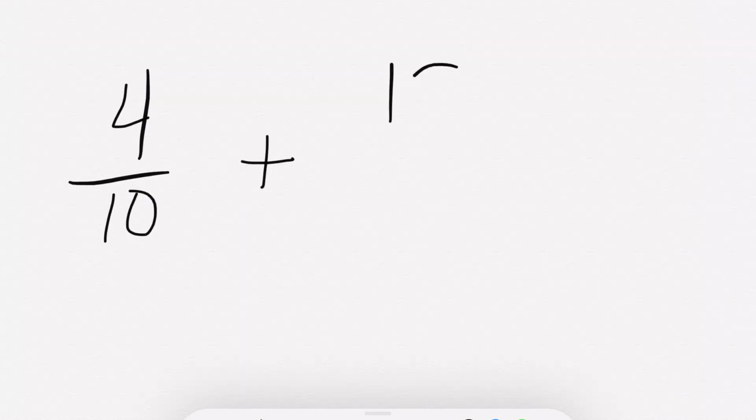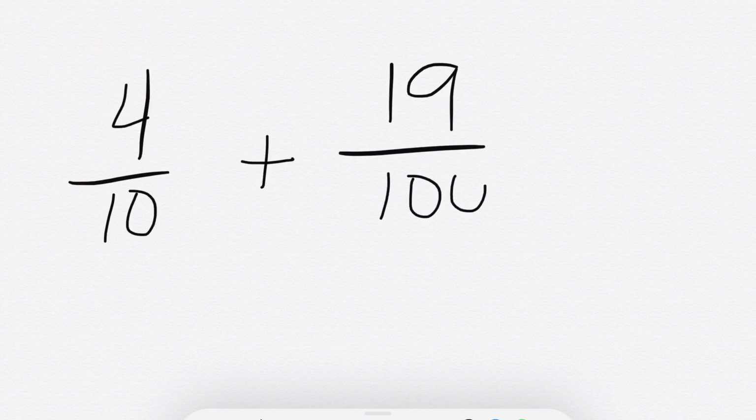Let's go ahead and do 4 tenths plus, let's go 19 hundredths. And what are we going to get? Well, first step, 10 and 100 are not the same denominator. So what I need to do is I actually need to make those denominators the same. So how I'm going to do that is I'm going to do 10 times 10, which gives me 100. There we go.